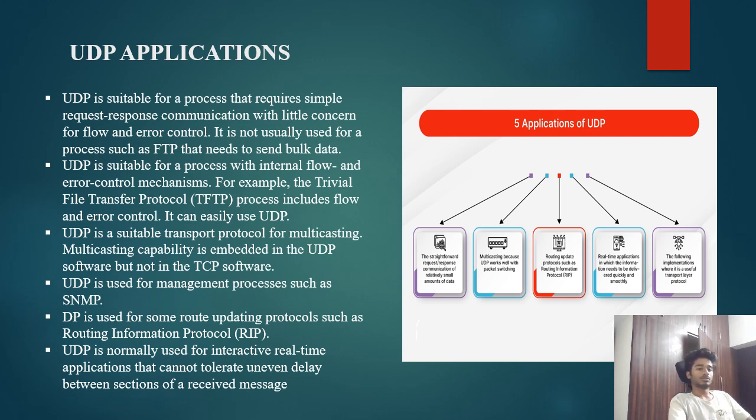So guys, as you can look at the diagram I have pasted, it mentions all the above applications, which are the straightforward request-response communication of relatively small amounts of data.